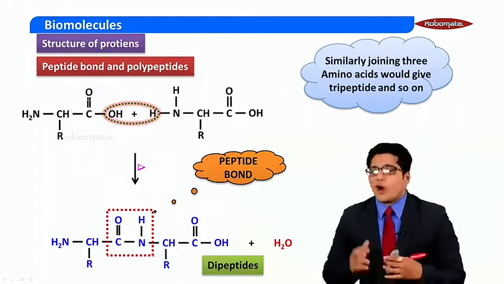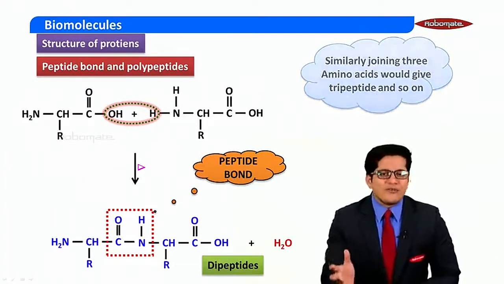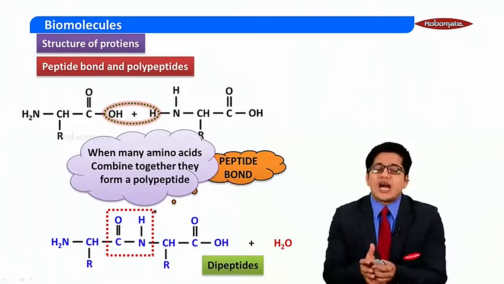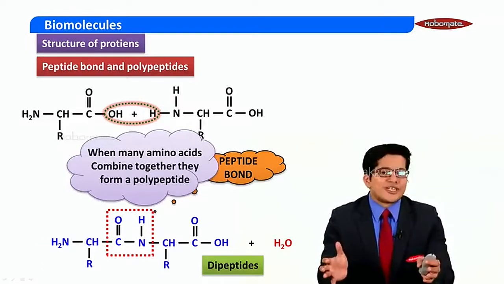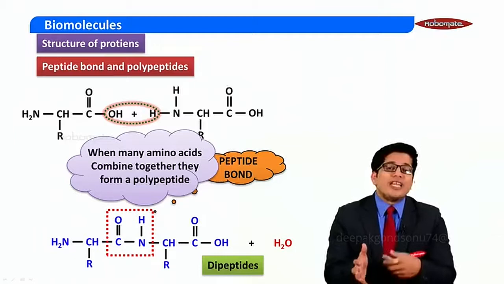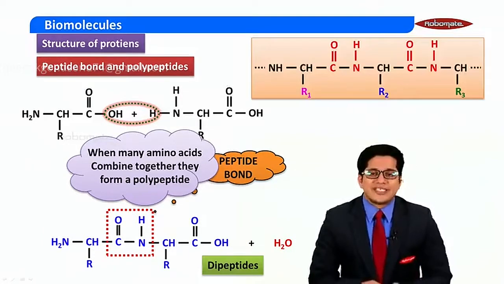So students, what if I use many amino acids? Then obviously we would get a compound in which a larger number of them are joined together, and this molecule would be called a polypeptide, a structure something like this.